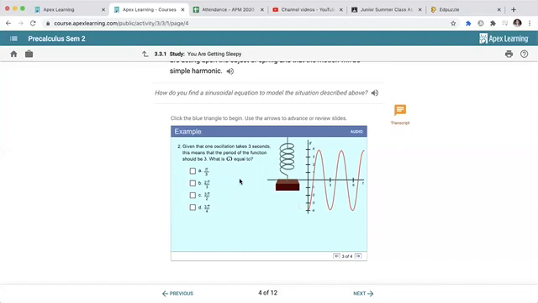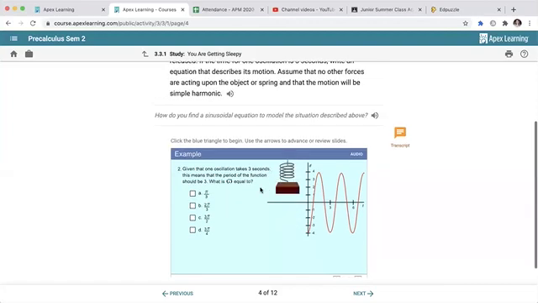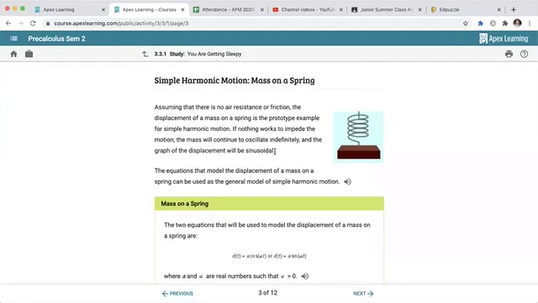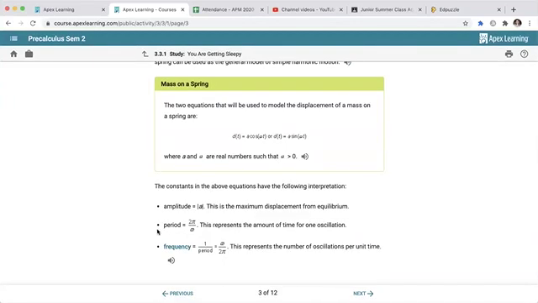Given that the oscillation takes 3 seconds, this means that the period of the function should be 3. What is 3 equal to? Our period is equal to 2 pi over w. I'll write these down so we can see it.